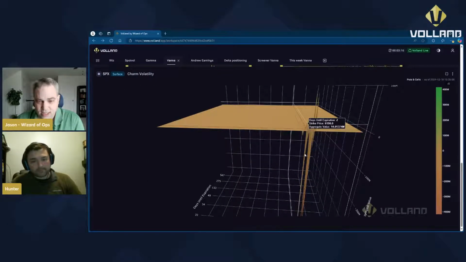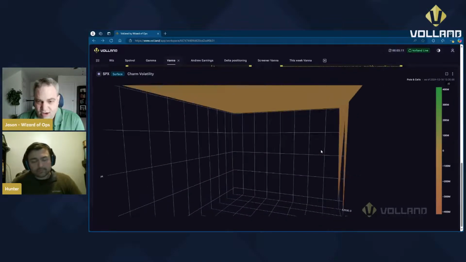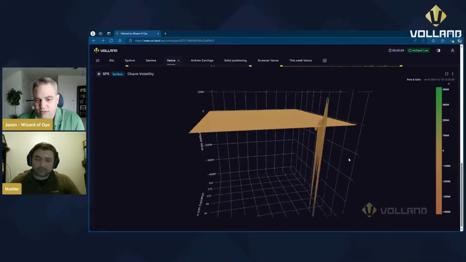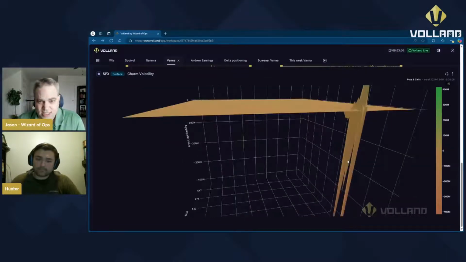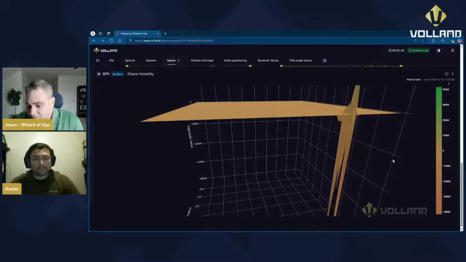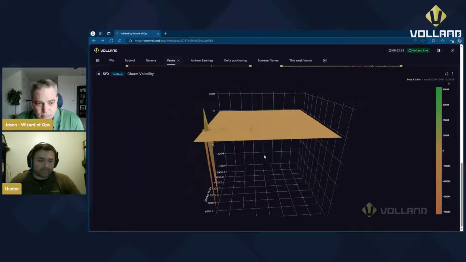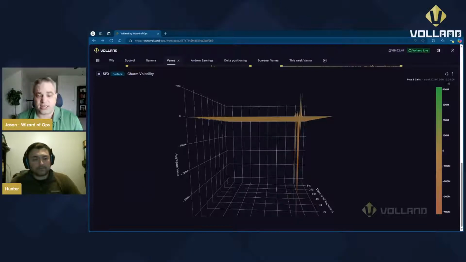Obviously 0 DTE has a lot of volume, but people aren't waiting until 0 DTE to get their volume out. I find that very interesting. More and more, I'm seeing 1 DTE imbalance. What would make them go to 1 DTE over 0 like they've done for the past months? I think it's just that they position before 0 DTE, like they're positioning today, at the end of the day for tomorrow.